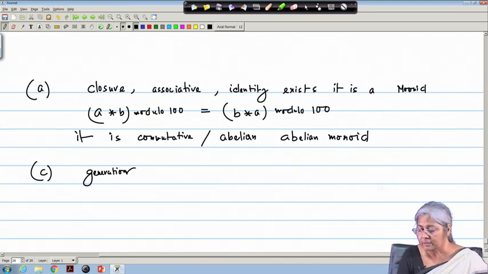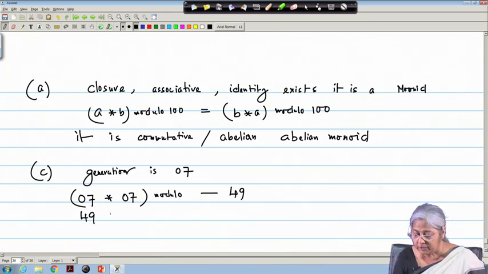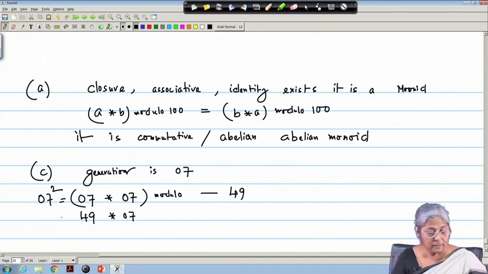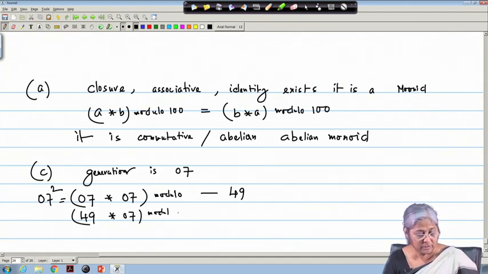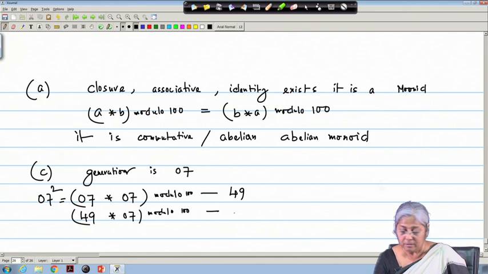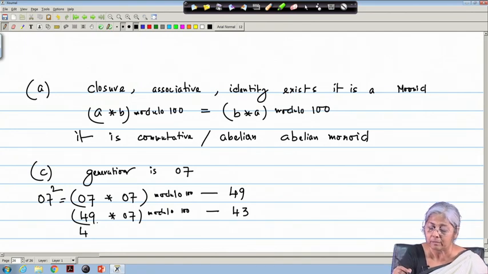If I take 07 modulo 100, since it is only 2 digits, I will get 07. Then 07 star 07 means 07 squared, which gives 49. Then 07 cubed is 49 into 07 modulo 100, we are taking 2-digit numbers, so we get 43.